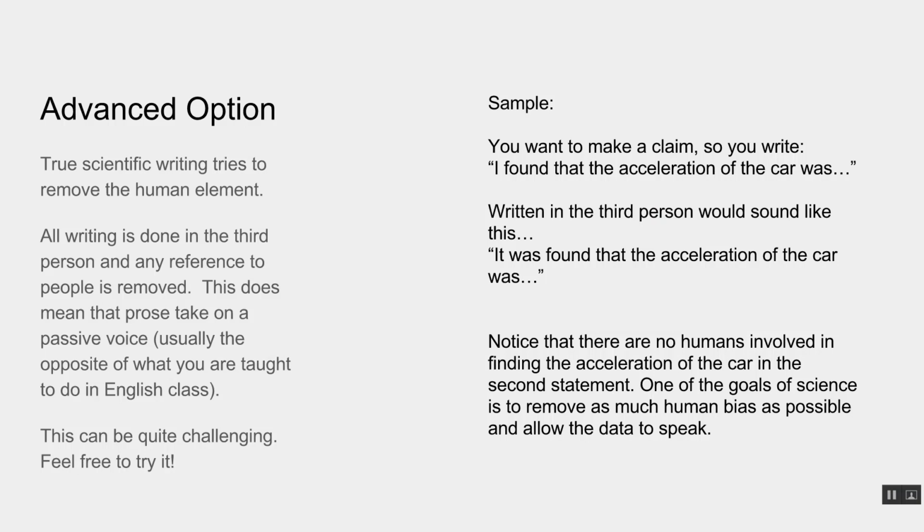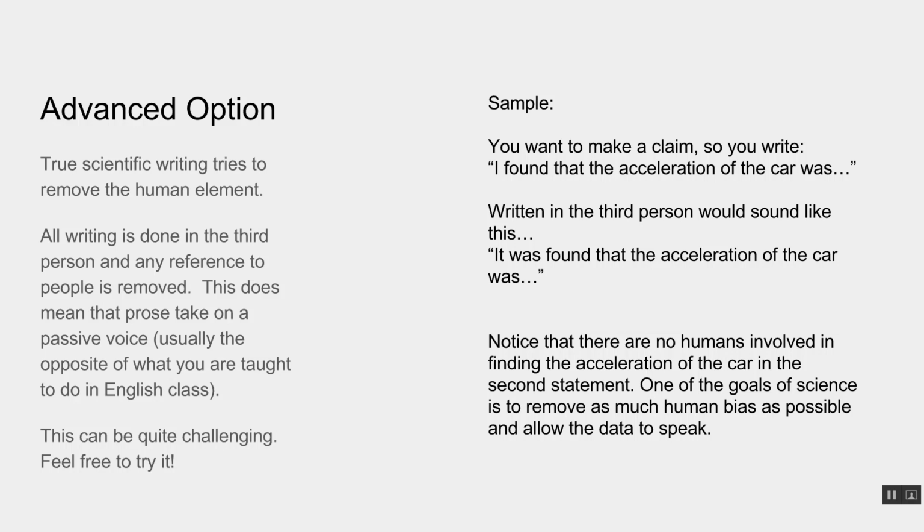Now, this is more of a challenge and advanced option at this point, but know that scientific writing really tries to remove the human element. To do this, all the writing is done in the third person and any reference to humans is removed. That is like the exact opposite of what you're taught in your English class most of the time.